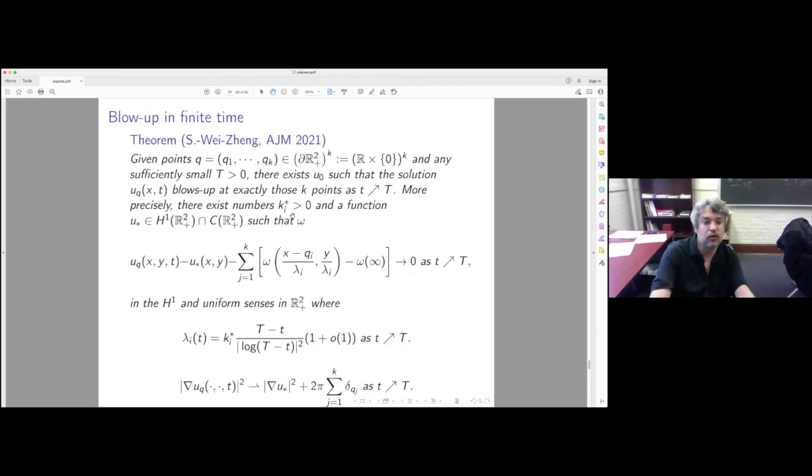And we could solve this just recently with Junchen Wei and Yuqian Zheng. So the idea is that basically you introduce this parabolic outer gluing where you construct the data such that, given k points you give yourself on the boundary, you will blow up like a half harmonic map.